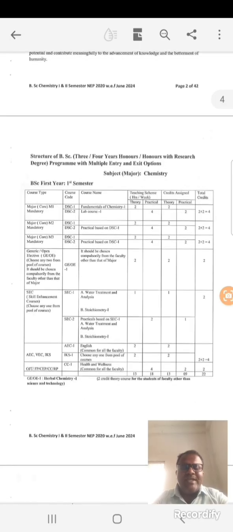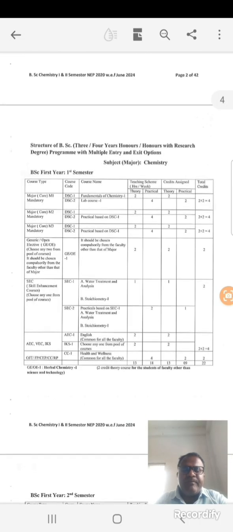Then another is the SEC. SEC means skill enhancement course, and this course is from one of the major subjects. If the student has taken the CBZ group, or the PCM group, physics, chemistry, mathematics, from that major subject the student will take one paper for SEC.